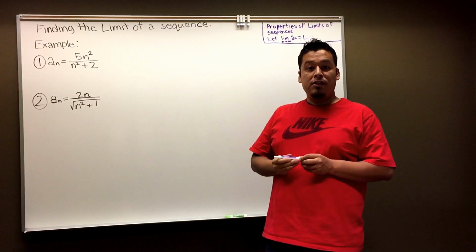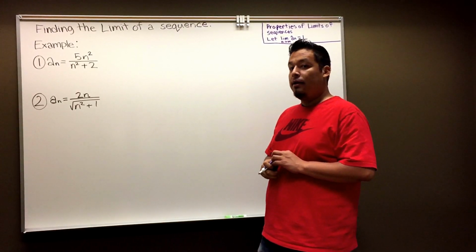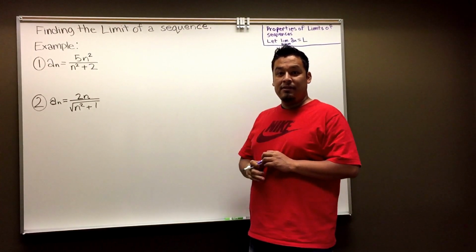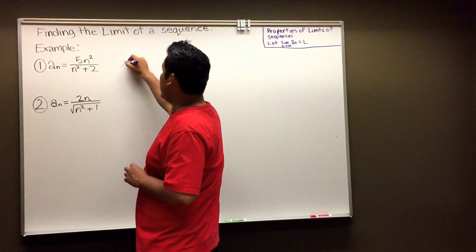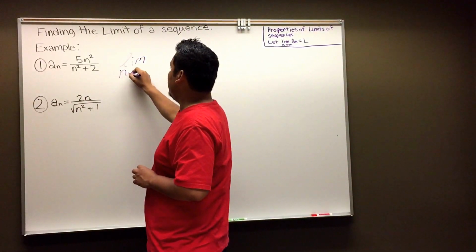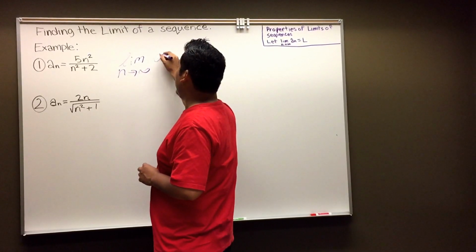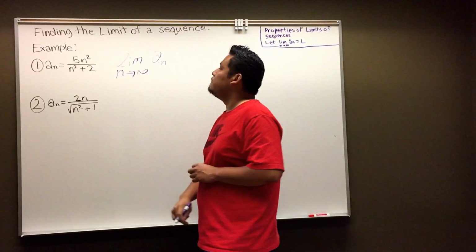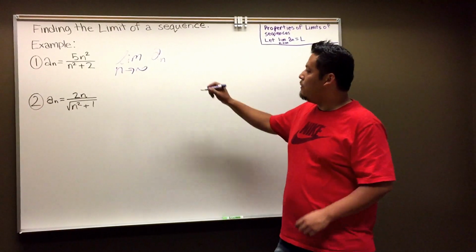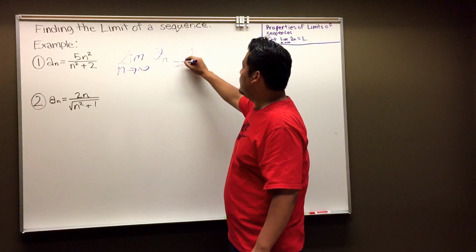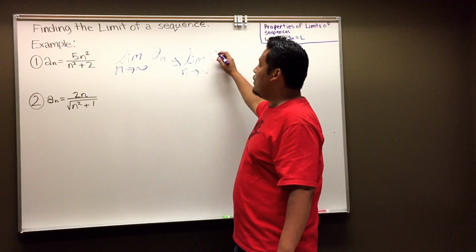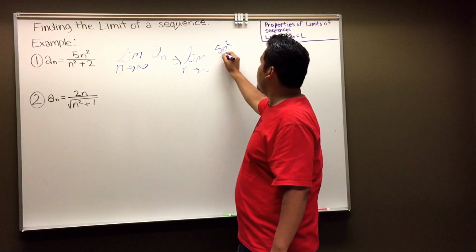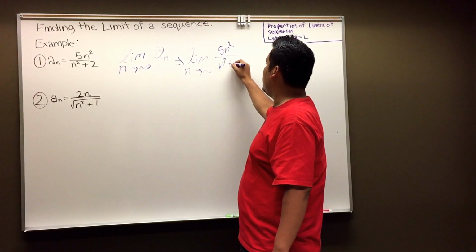Another way we can do it is by taking the limit. In this example, we're going to take the limit as n goes to infinity of our sequence, which is 5n squared over n squared plus 2.